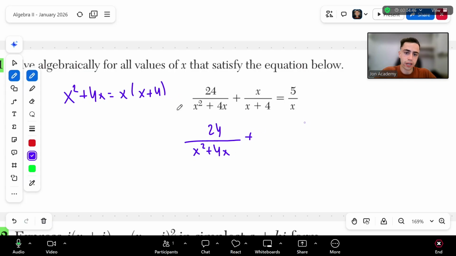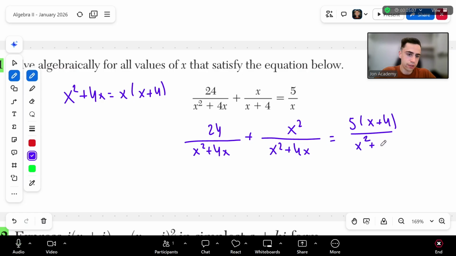Here we are missing x, one x below. So we are going to write this. This is going to be the new denominator, and here we need x squared. We are multiplying by x, and here the 5 we are going to multiply by x plus 4, and the new denominator is going to be as it is here.